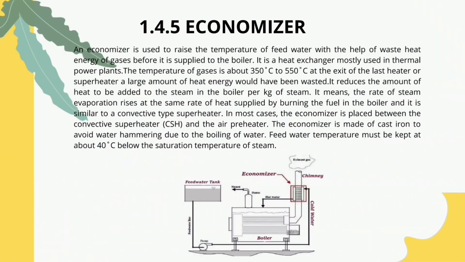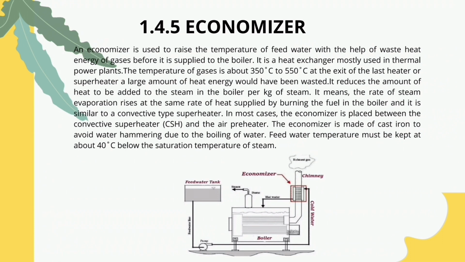Next component is the economizer. So what is an economizer? An economizer is used to raise the temperature of feed water with the help of waste heat energy or flue gases before it is supplied to the boiler. Basically it is a heat exchanger mostly used in a thermal power plant.